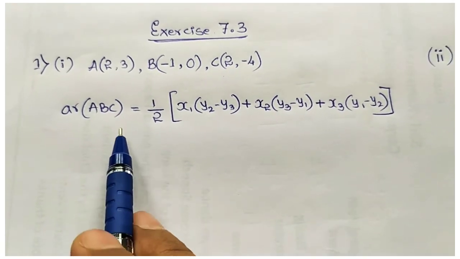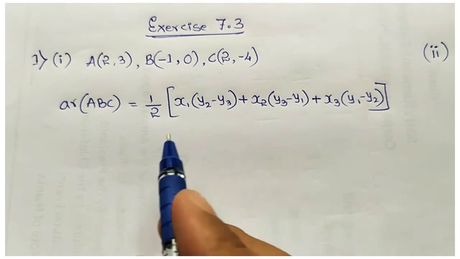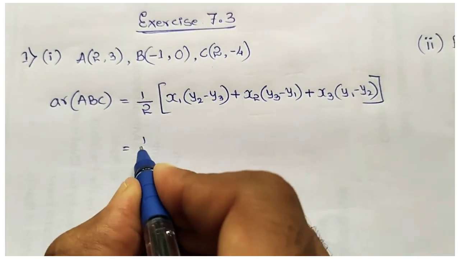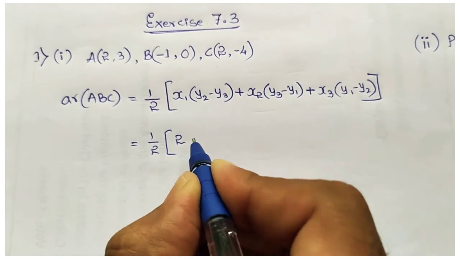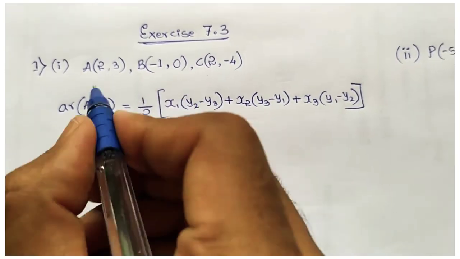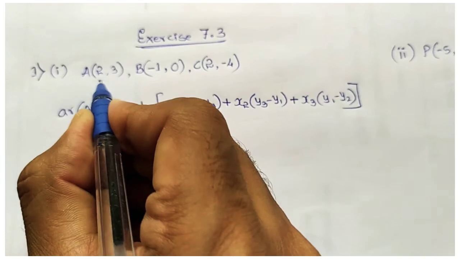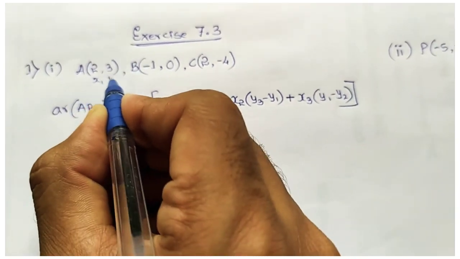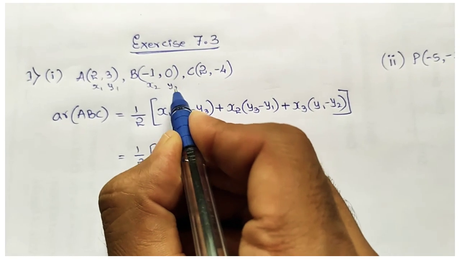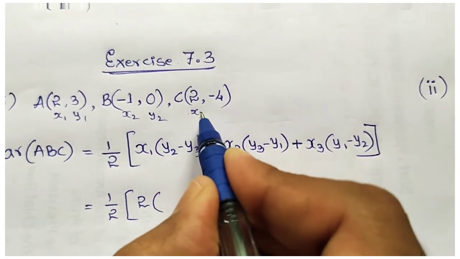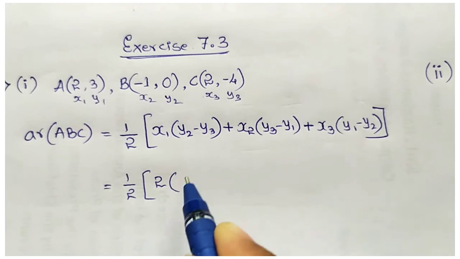Using the area of triangle formula, substitute the values: 1 by 2. What is x1? x1 is 2. If you want, you can mention here x1 y1, x2 y2, x3 y3.